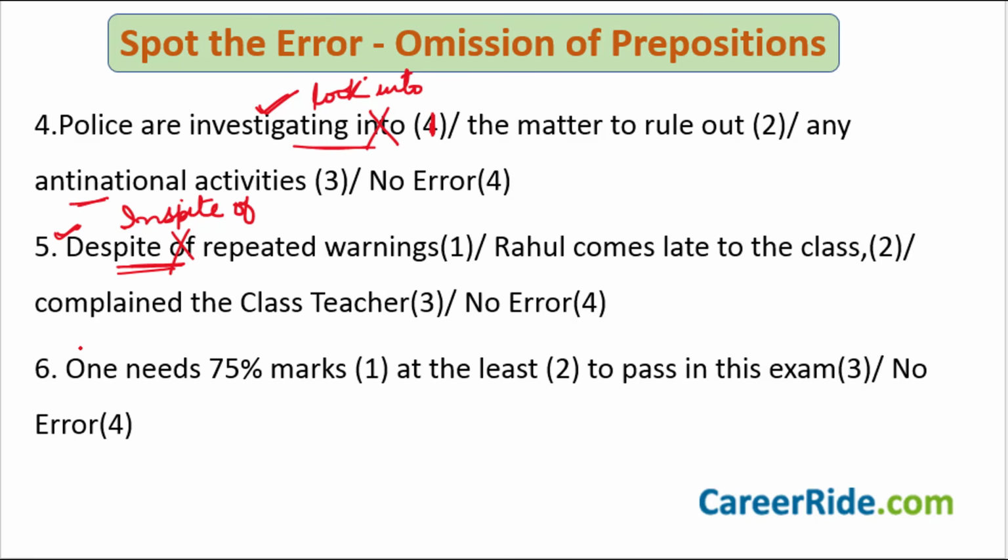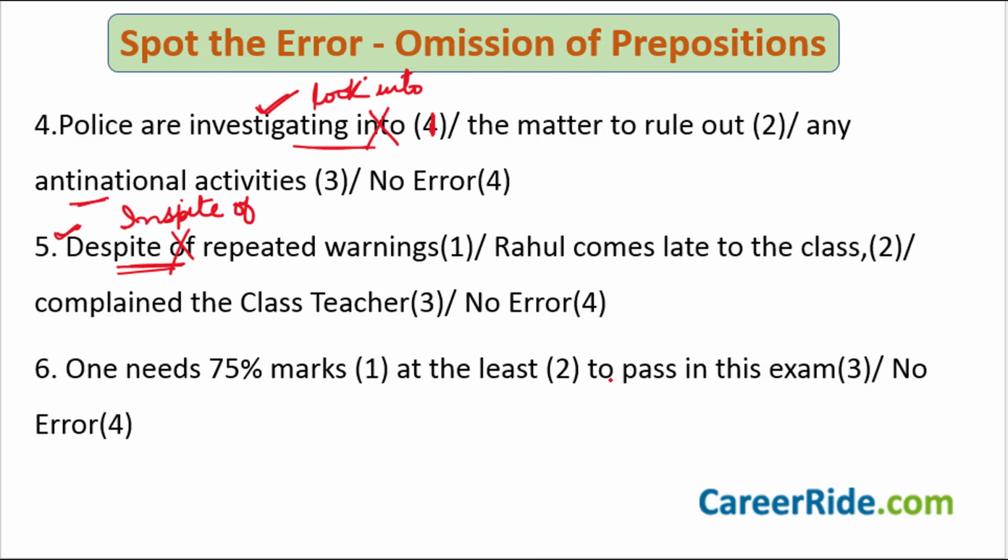Let's move on to sentence number 6. One needs 75% marks at the least to pass in this exam. And the 4th part says no error. Can you read out the sentence to yourself once again? Where do you think the error is?